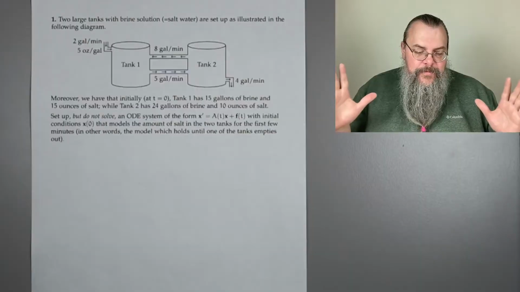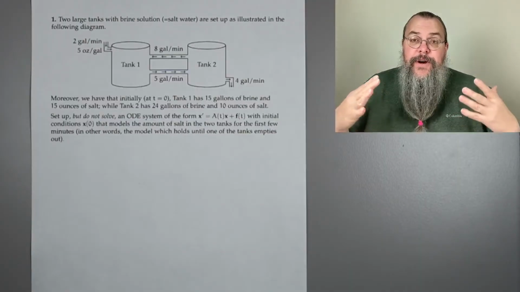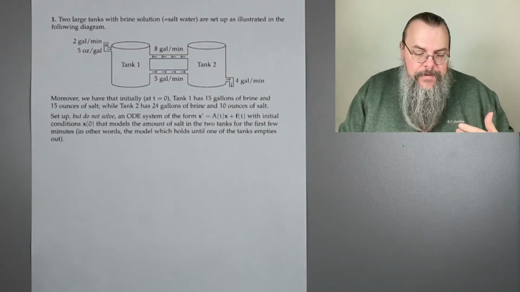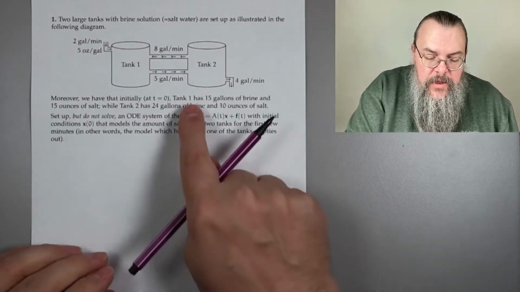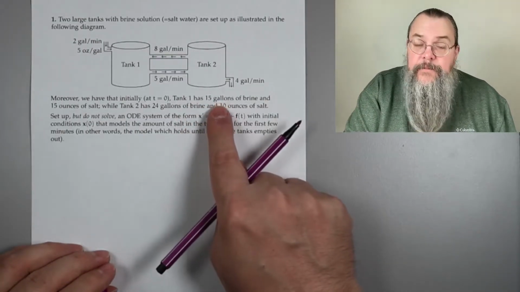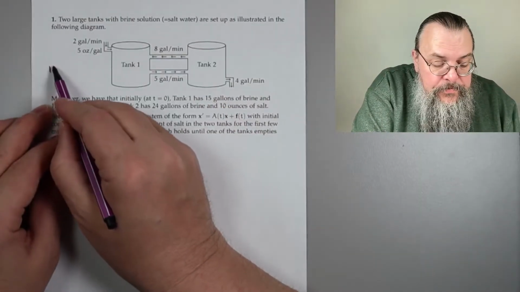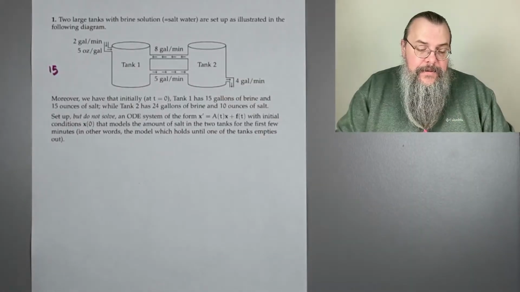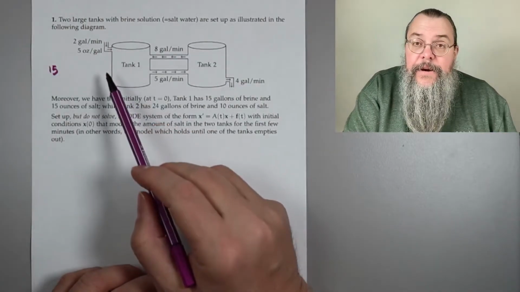All right, good. Well, let's start by thinking about the water levels. Okay, so I think this will be helpful. Now we know initial water levels, right? So tank 1 has 15 at the start. But it's not going to stay at 15. What's going to happen? Well, let's look at our inflow versus our outflow.